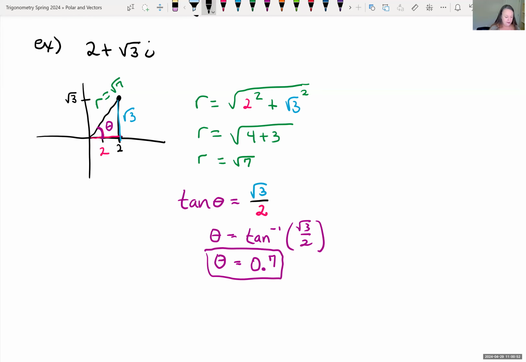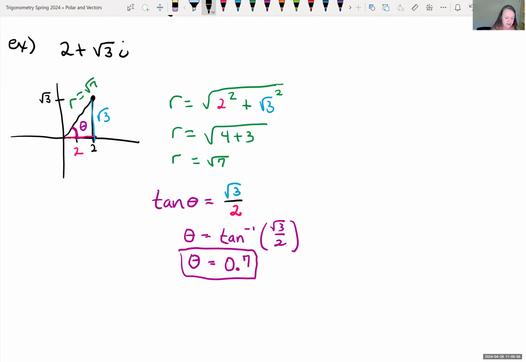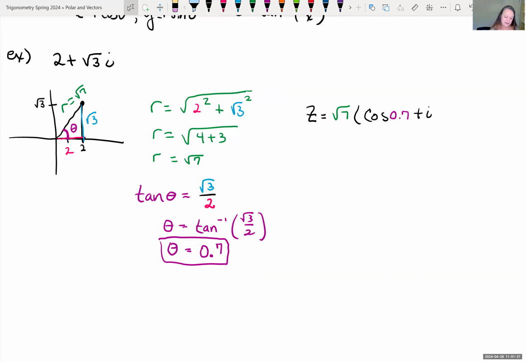And so in trigonometric form, we get that, actually, that's not called r, that's called z. z is equal to r, which is, sorry, root 7, all times cosine of theta, 0.7, plus i sine theta, where theta is 0.7.